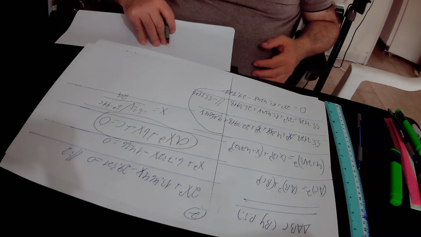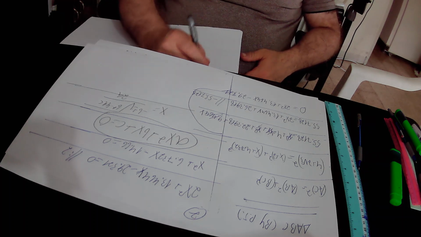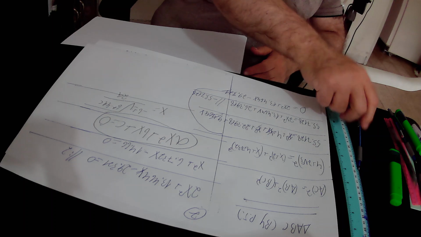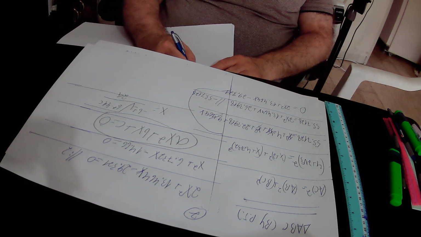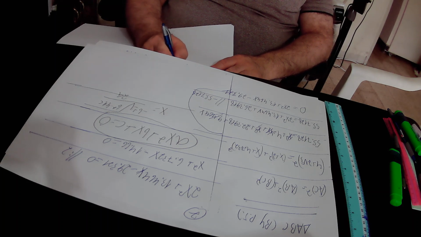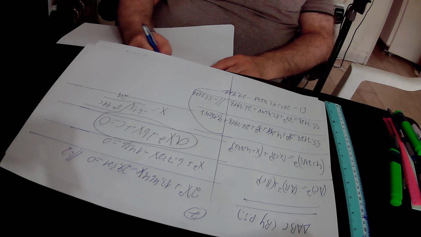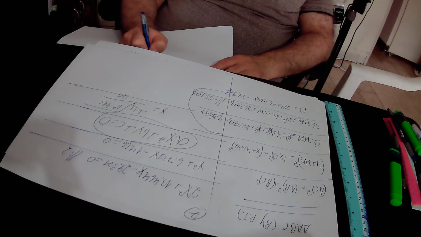Another specific quadratic equation, that is to say x squared plus 6.732x minus 14.66 equals to 0.